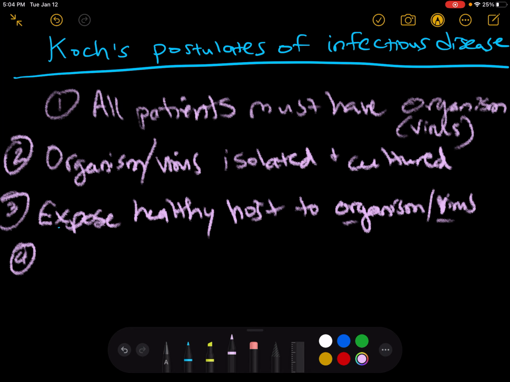And then number 4, you could kind of hypothesize where we're going from number 3. What would we expect to happen if we expose a healthy host to this organism or virus, this suspected causative agent? Well, we would expect this host to become ill.